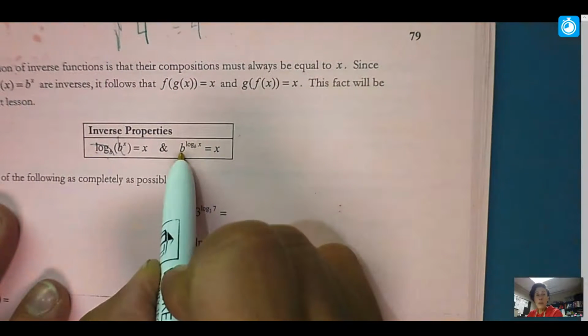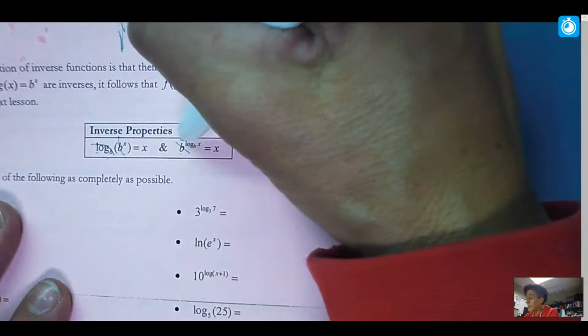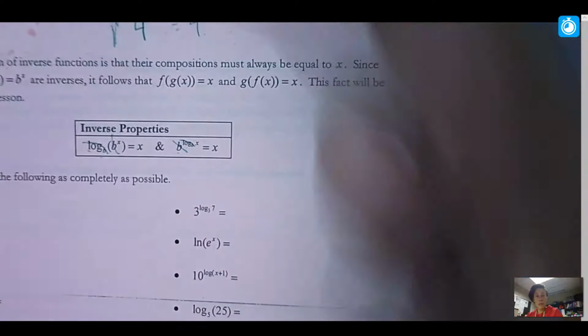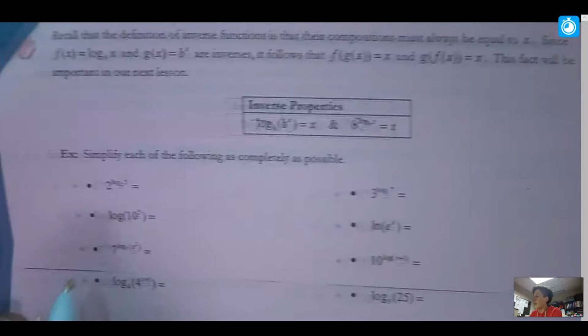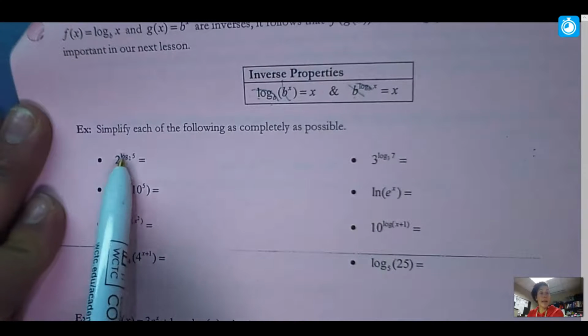So if you have an exponent problem with a base, and in the exponent is a log, and this base is the same as this base, they cancel each other out, and what you're left with is your answer. So we're looking for the bases to be the same, the base of the exponent and the base of the log. This problem is presenting as an exponent problem because it's 2 to an exponent.